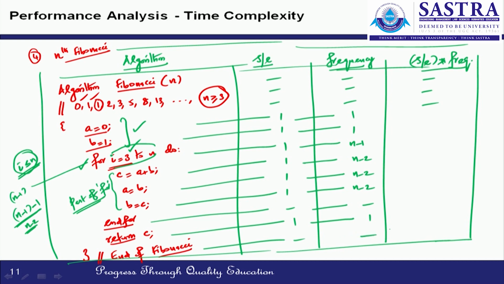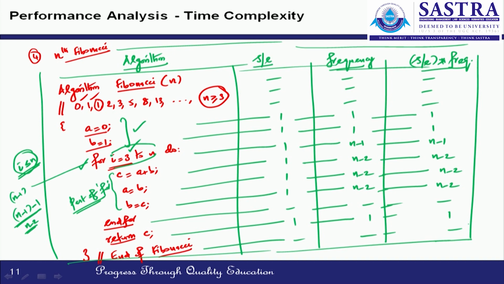Finding the product of these two columns, steps per execution and frequency, we have 1 into 1, 1, b is equal to 1, this is 1, i is equal to 3 to n, 1 into n minus 1, n minus 1, these are n minus 2, n minus 2, n minus 2, hyphen 1, then hyphen.